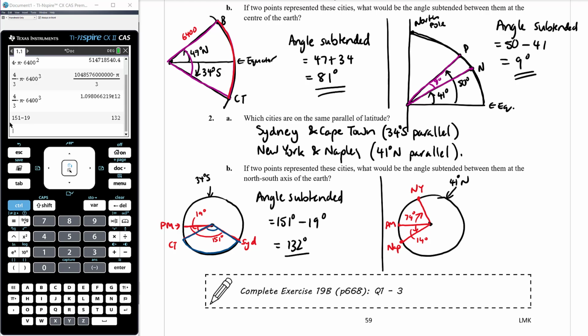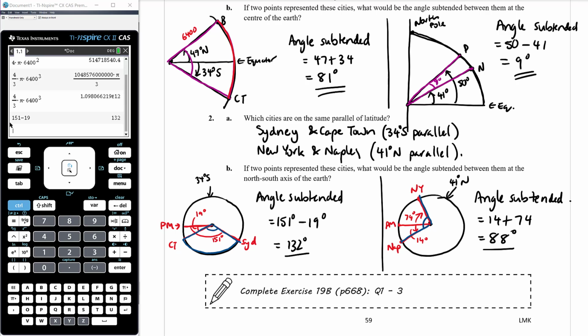And so therefore the angle subtended, in this case we're going to need to add them because they're going in opposite directions from the prime meridian, and so we're adding them together to work out the angle between those two cities. So if we were to go from Naples into the centre and out to New York, that angle that we subtend is going to be 14 plus 74, so that is 88 degrees between them.